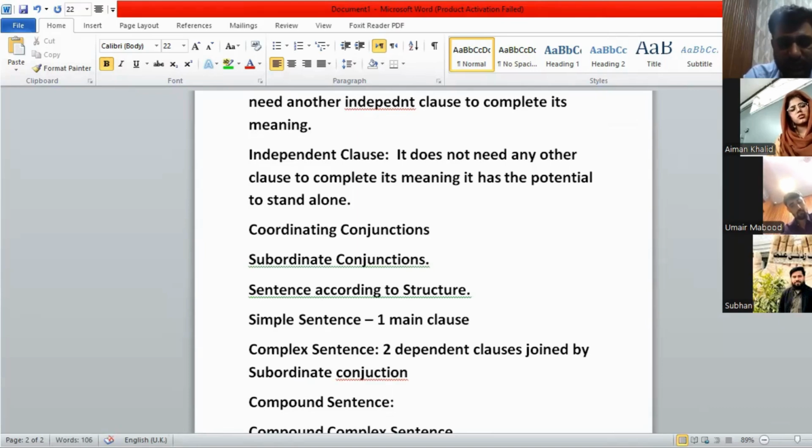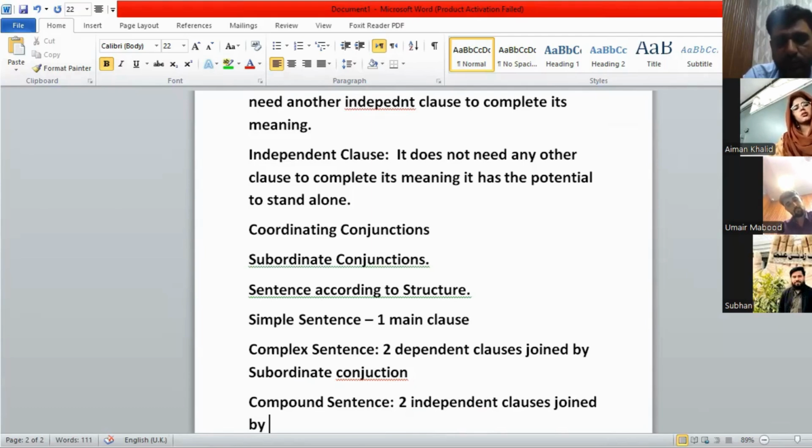Compound sentences have two independent clauses joined by coordinating conjunctions.